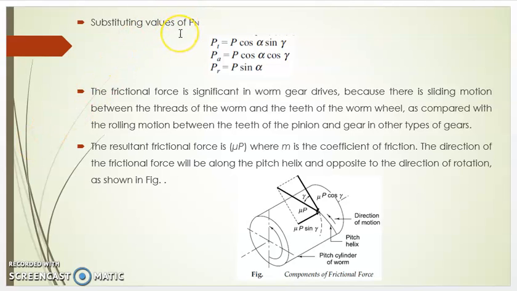Substituting the value of Pn, we get Pt equal to P cos alpha sin gamma, Pa equal to P cos alpha cos gamma, and Pr equal to P sin alpha.